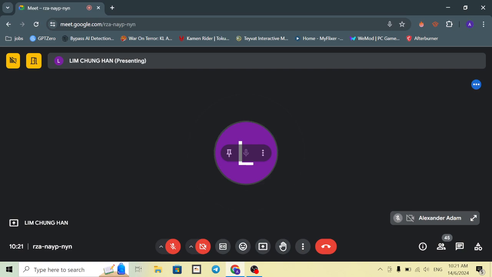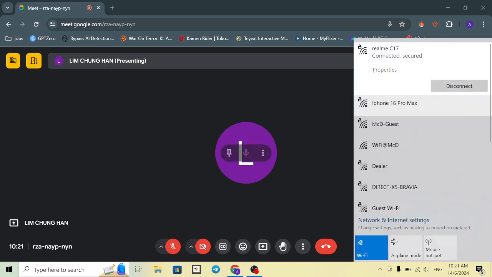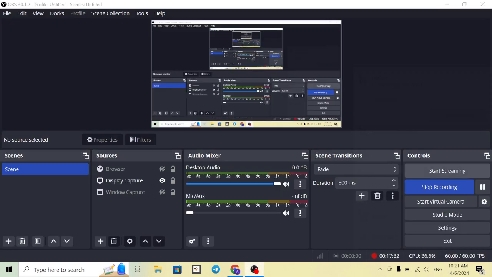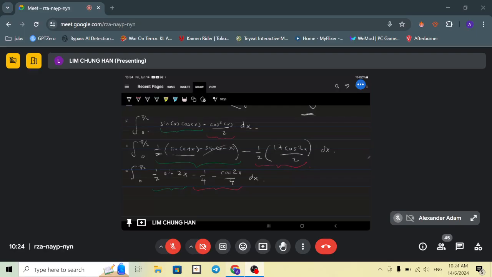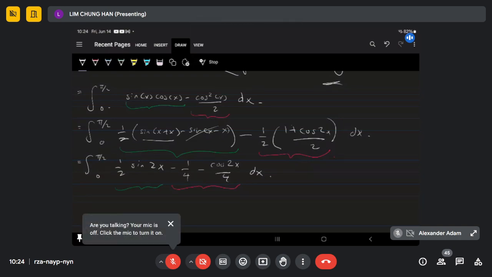Where if we have cos and sine or sine and cos, okay, now you can integrate this. Now you should be able to integrate this.